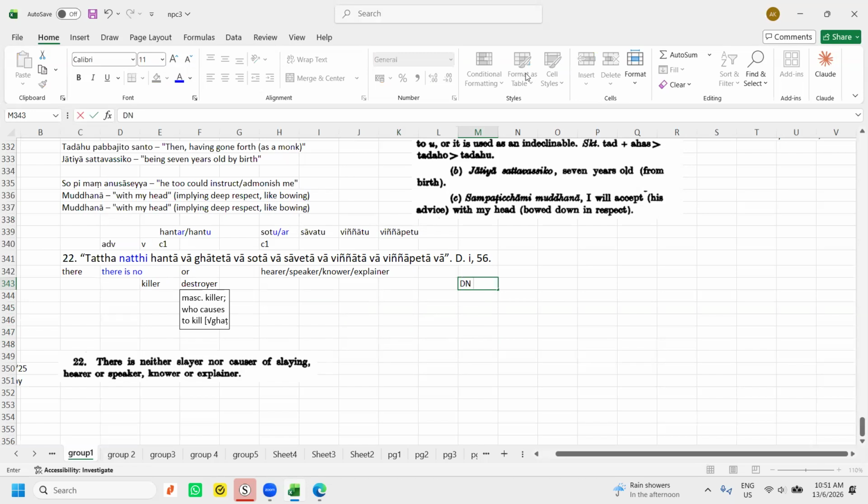Part one, that means the I is equal to part one, and then the 56 is page 56. You were able to find this in the end.